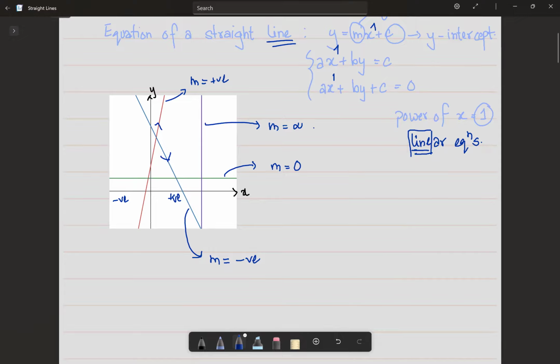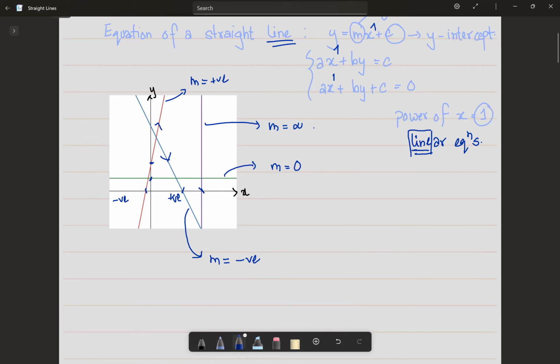Now, to draw any straight line, we first have to understand that these points are called intercepts. Now, what do we mean by intercept? An intercept is any point where the graph cuts the x or y axis.